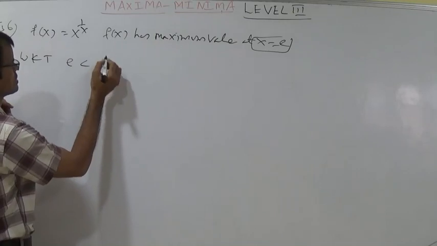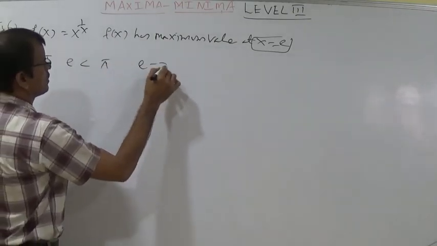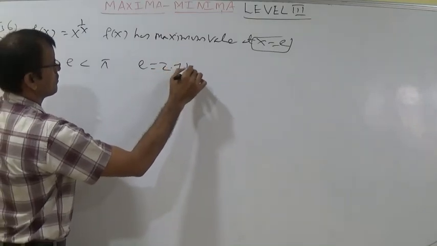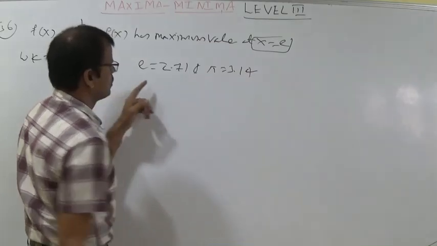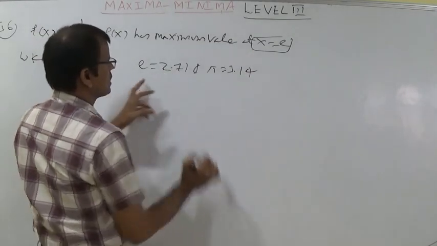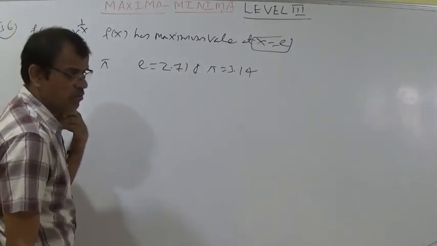We know that e is less than pi. e is 2.718 and pi is equal to 3.14. 2.718 is an irrational number and 3.14 is an irrational number. So e is less than pi.